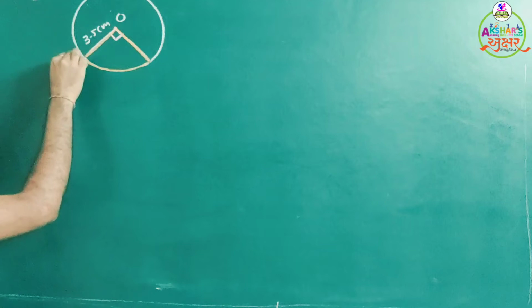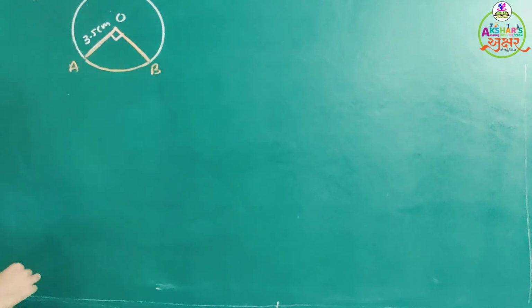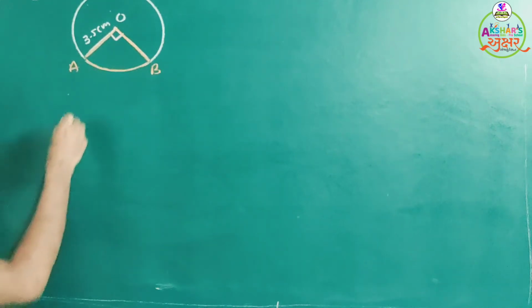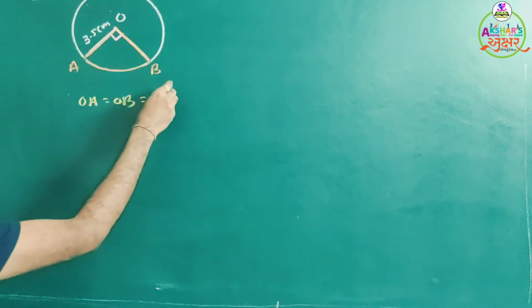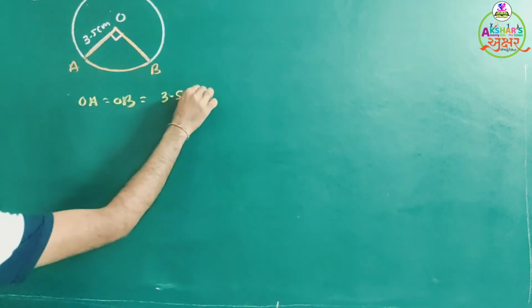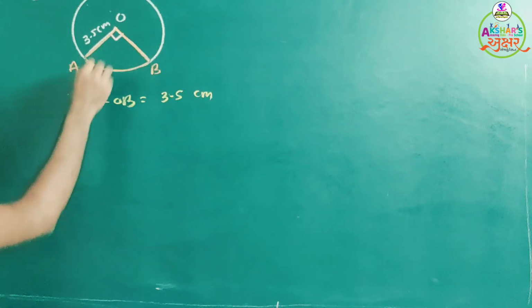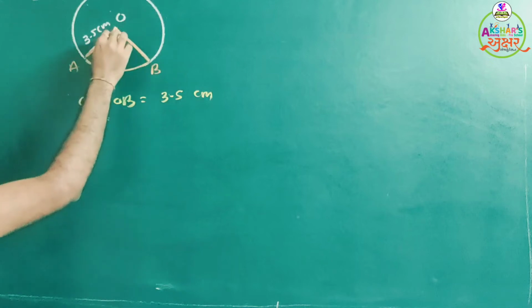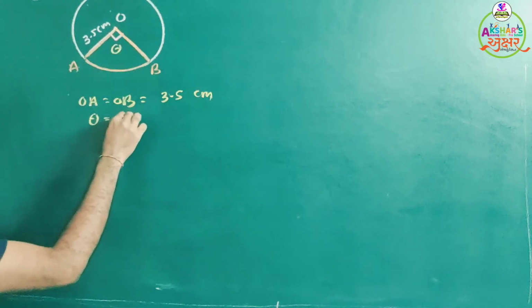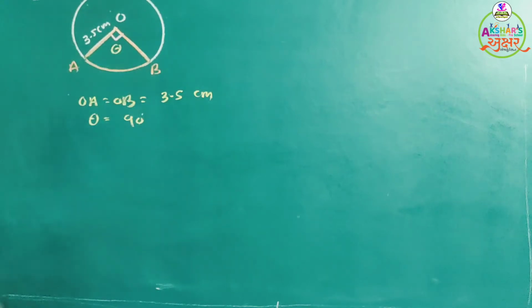So let's say this is minor arc AB. So OA and OB both are radii of the circle, which is equal to 3.5 centimeter, and if both radii are perpendicular to each other, central angle theta is nothing but 90 degree. So here we have to find the area. Done.